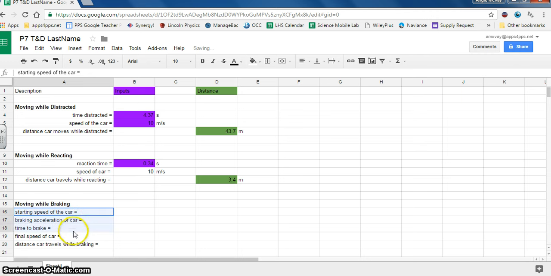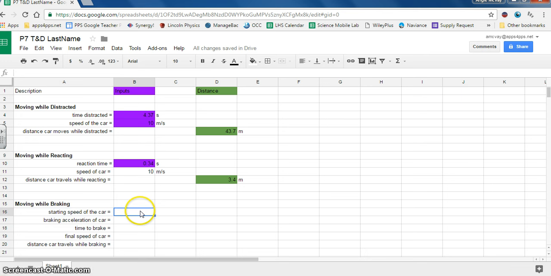Then in one swoop I'm going to highlight all of these and align them to the right. The starting speed of the car is the same as the speed of the car in both of the previous, so I'm going to put equals, and link that to our speed of the car that it's always been, 10 meters per second.